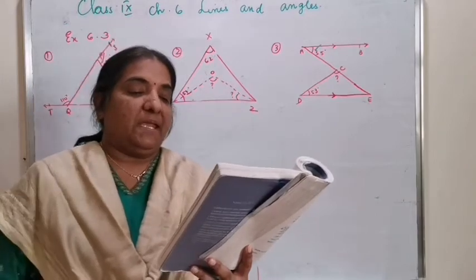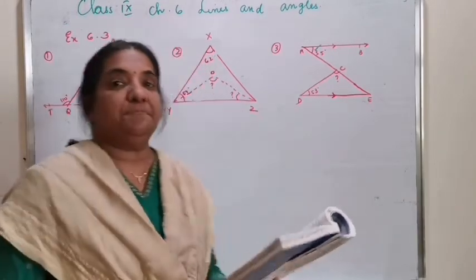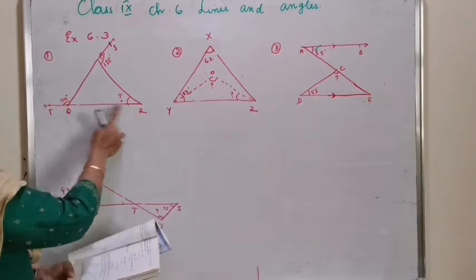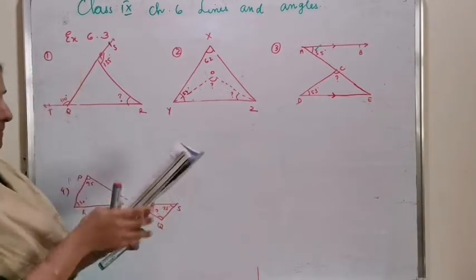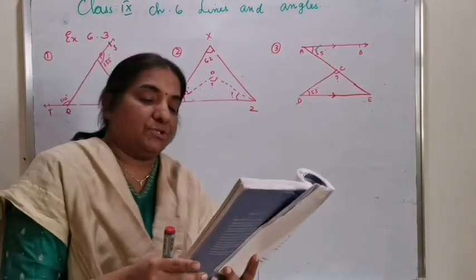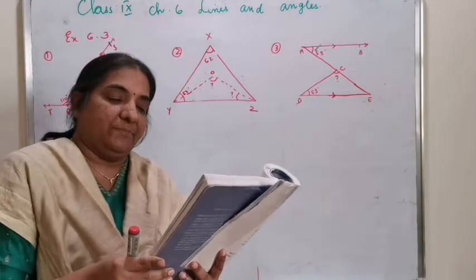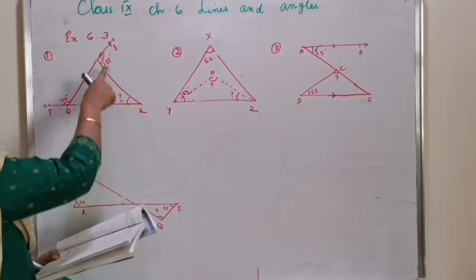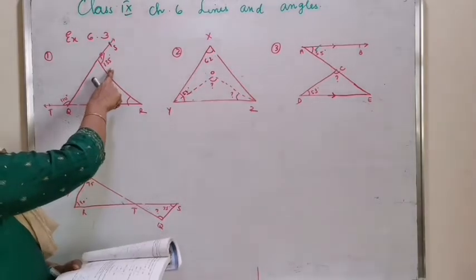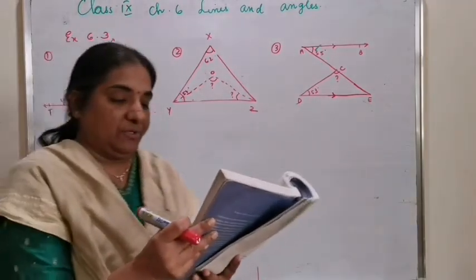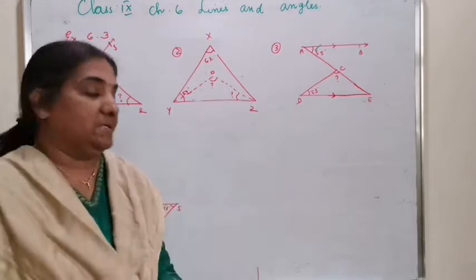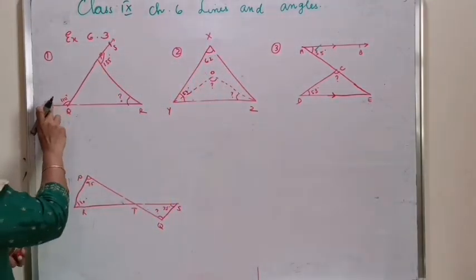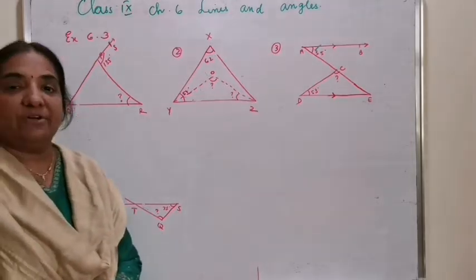Given triangle PQR, sides RQ and QP are produced to the points S and T respectively. If angle SPR is equal to 135, that means one of the exterior angles is given to you, and angle PQT is equal to 110. Angle PQT, that means both the exterior angles are given to you.